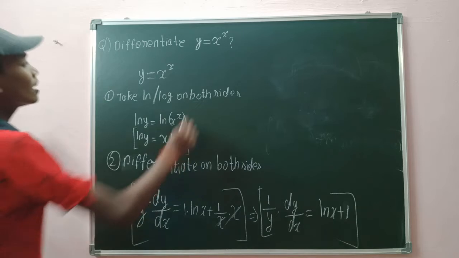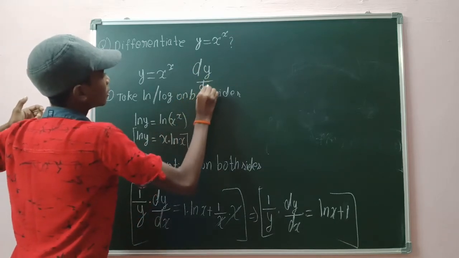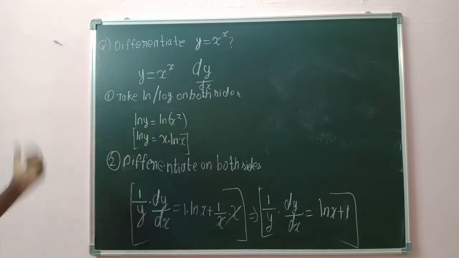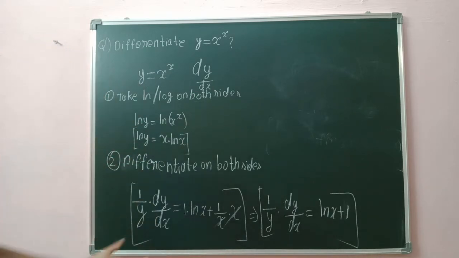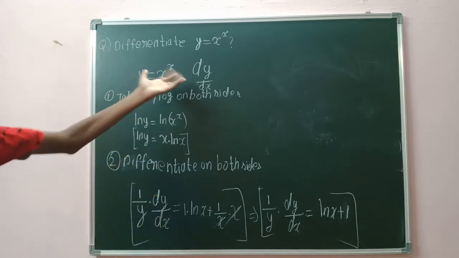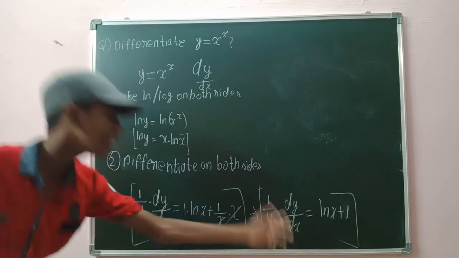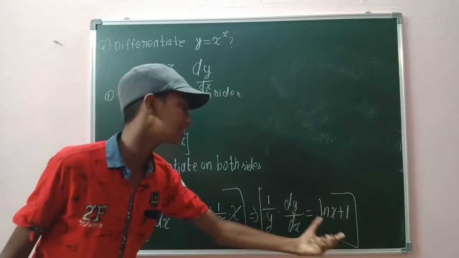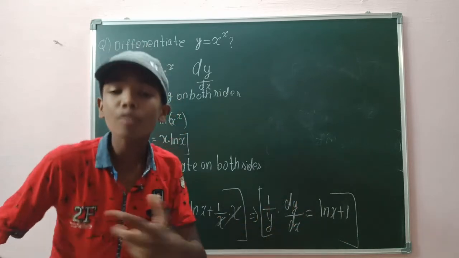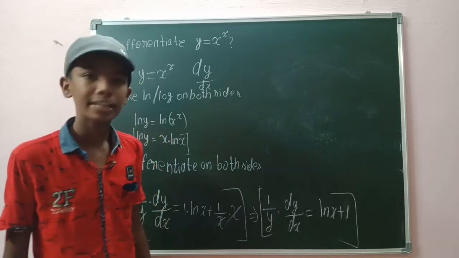That means they are asking the value of dy by dx. dy by dx means d by dx of x power x. If you need to find the value of dy by dx, why look at other options? Directly here I am having dy by dx, hence I can take every term to the RHS, and therefore I will get the value of the derivative of x power x.